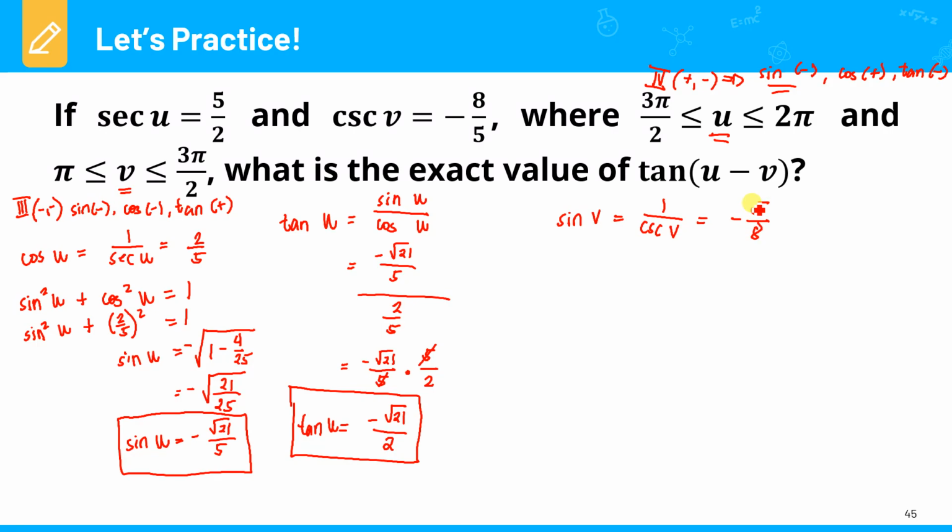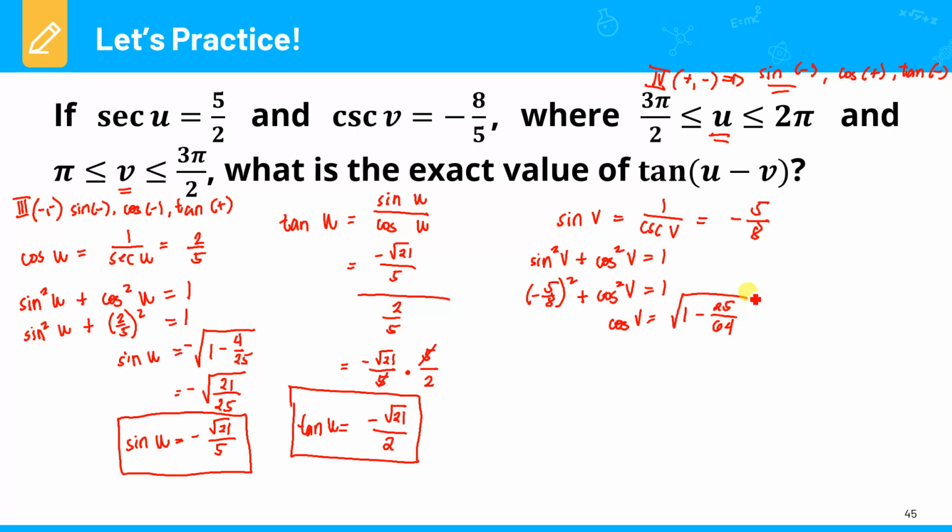Now using the Pythagorean identity, you have sine squared v plus cosine squared v, that's equal to 1. So you have negative 5 over 8 quantity squared plus cosine squared v, that's equal to 1. So in other words, our cosine v is equal to plus or minus the square root of 1 minus 25 over 64.